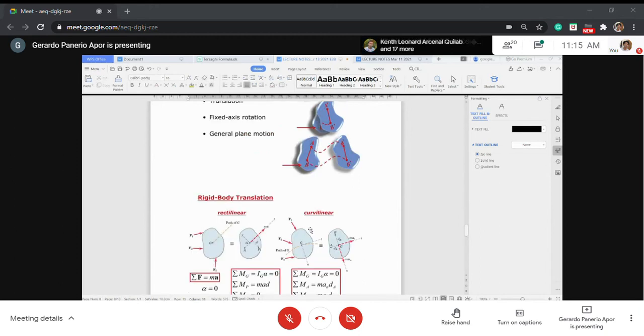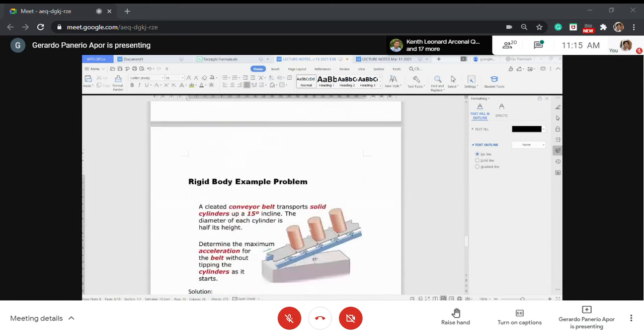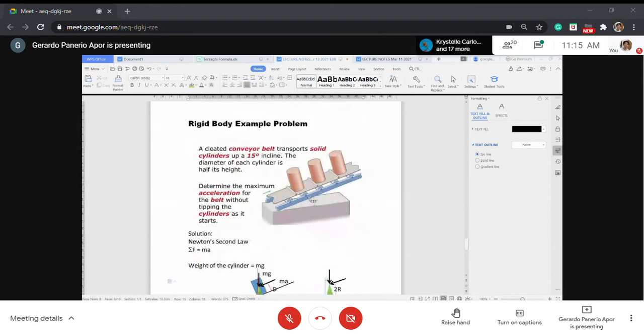Okay. Now for the application in a problem, well, this is it. We have here a conveyor. A conveyor mechanism is just like the chain of a bike. It is a closed loop that rotates. The difference is that a bike chain cannot carry products, while a conveyor has a very wide belt acting as a chain.